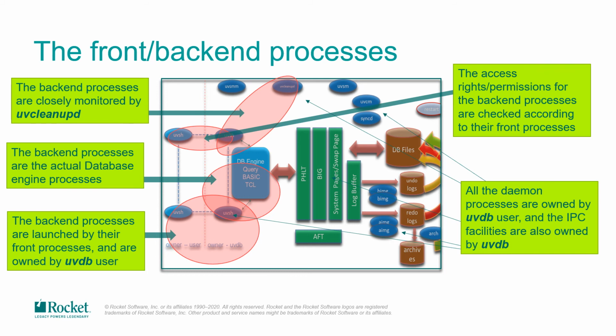And in the new diagram, the backend processes are closely monitored by the cleanup daemon. One important thing is that the backend process is owned by the UVDB user, but the access right permissions for the backend process are checked according to their front process, so that the backend process operates with the access right permissions of its front process.